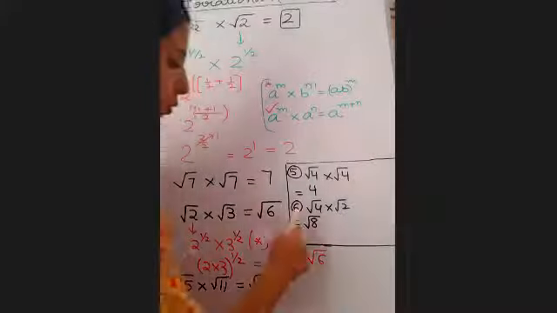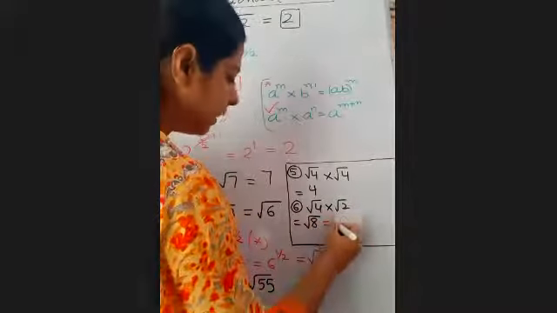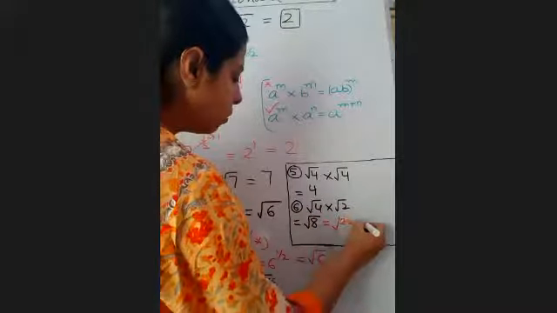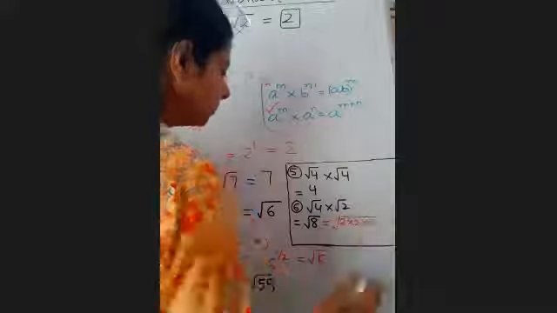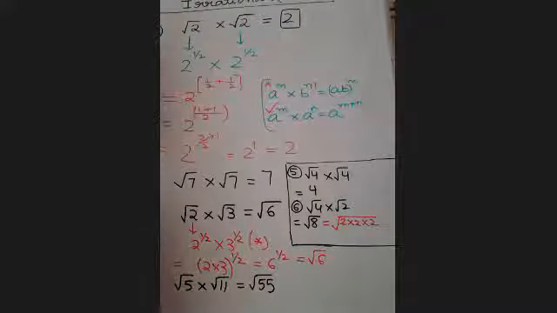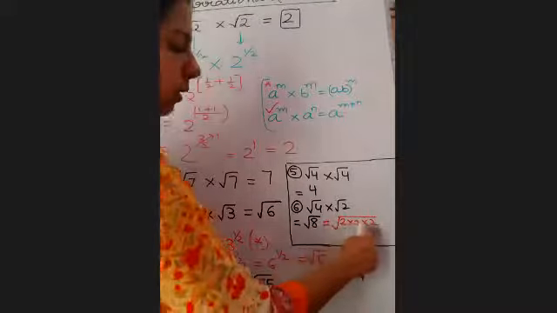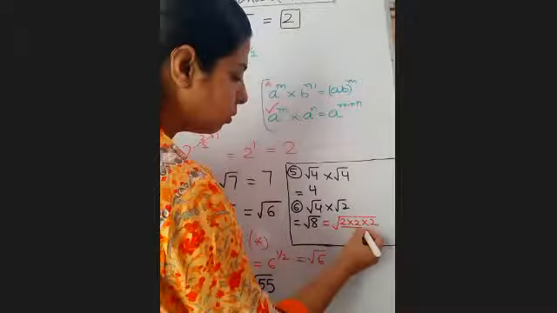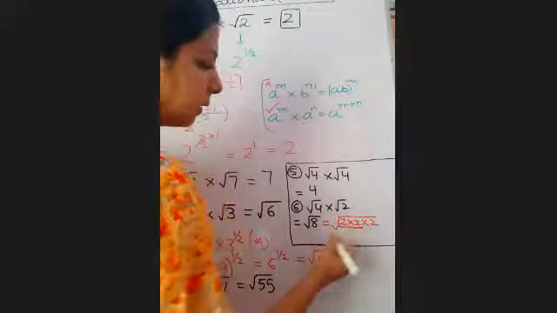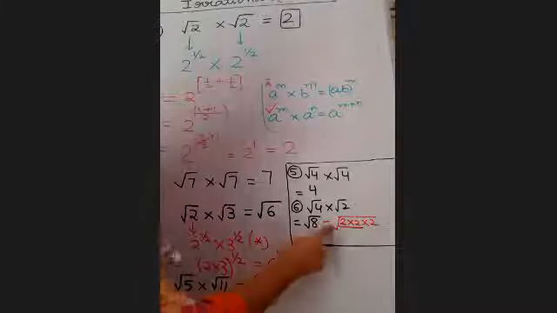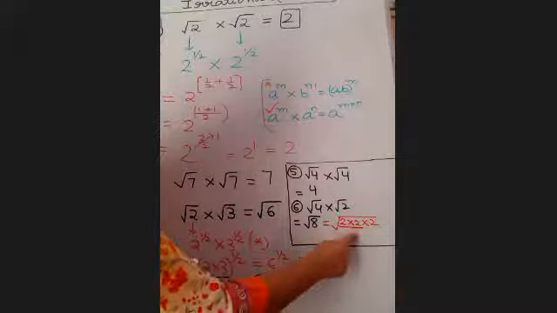Now root 8 can be written as root of 2 into 2 into 2, right beta? Yes, ma'am. Now this 2 into 2 makes a pair. I hope you know that when we are talking of square root, we take one number out from a pair.